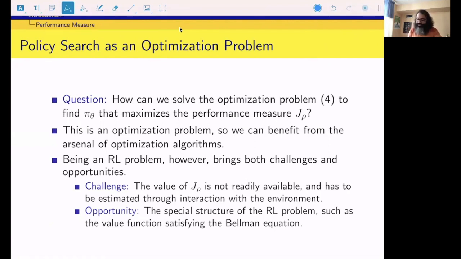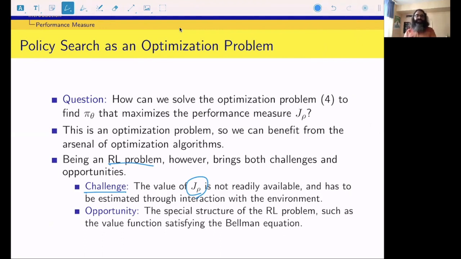But this is an RL problem, so it has some differences from a generic optimization problem. Some of them are challenges, some are opportunities. One important challenge is that the value of J of rho is not easily available. It is not a function that we call to get J of rho; it comes from the average value function of a policy.